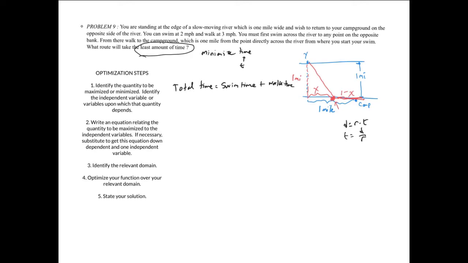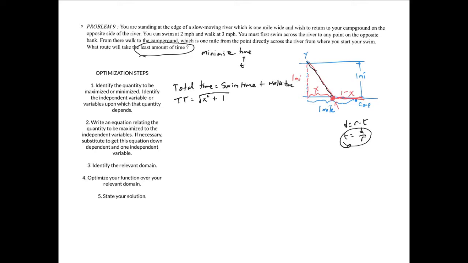Now, in order to find the time for each of those things, I'm going to take the distance that I do, and I'm going to divide it by the rate I can do that thing at. So for instance, if you look at the swim, that's the hypotenuse of this right triangle right here, right? So I'd use Pythagorean theorem, and that distance is the square root of x squared plus 1.